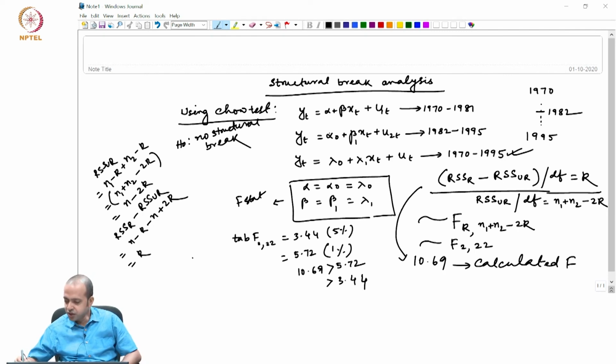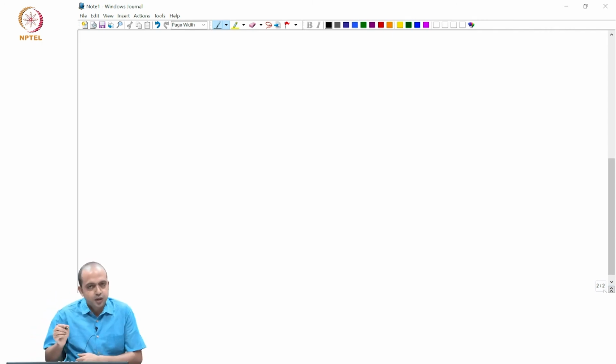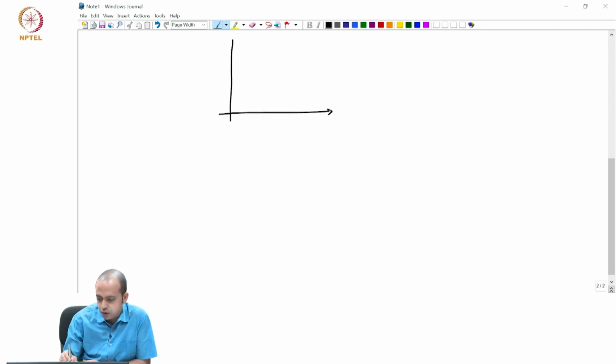And then what we said, when this is rejected, that means basically, the Chow test is indicating 3 situations. So, here it is income, and here it is saving. Okay, saving.